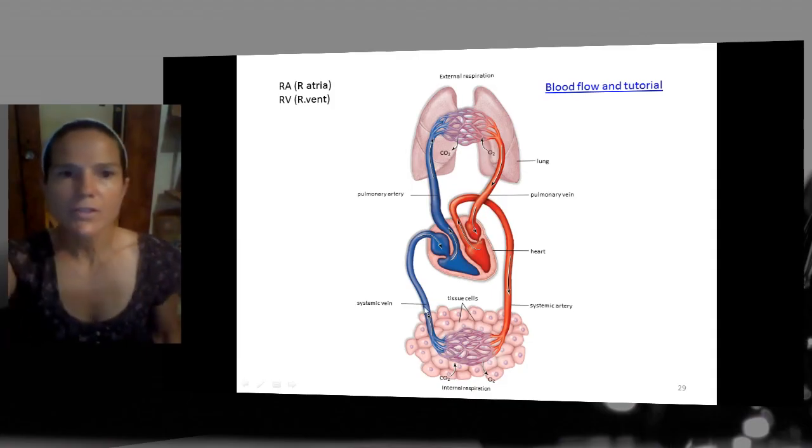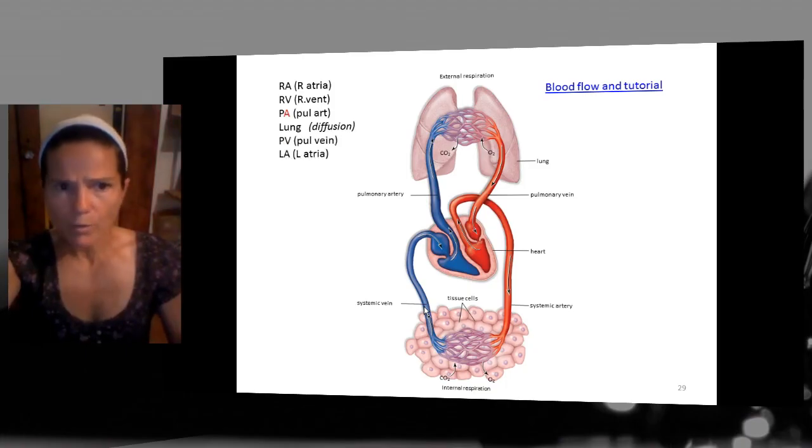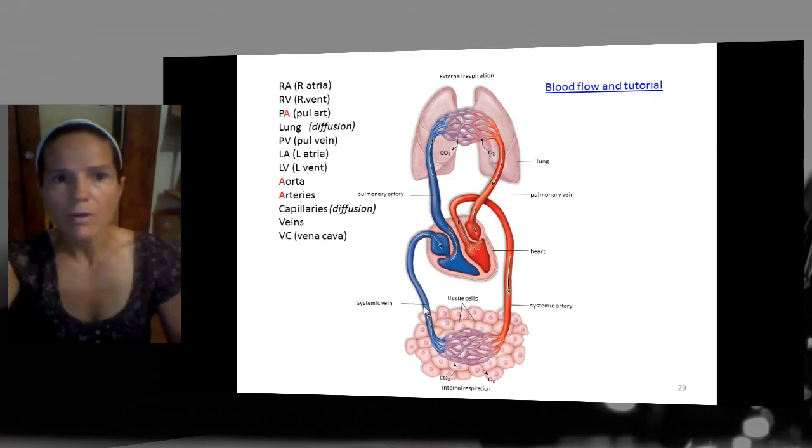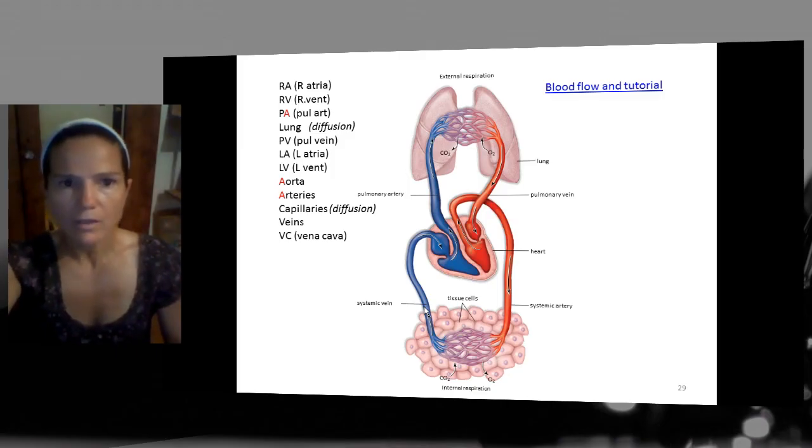So the only way to get this is to keep working through it and remember the rules. Pulmonary means lung, arteries always go away, veins always return, right side of the heart goes to the lungs, 5 and 5, left side of the heart goes to the body, 4 and 4. It's actually only 11 because I have to give you one.